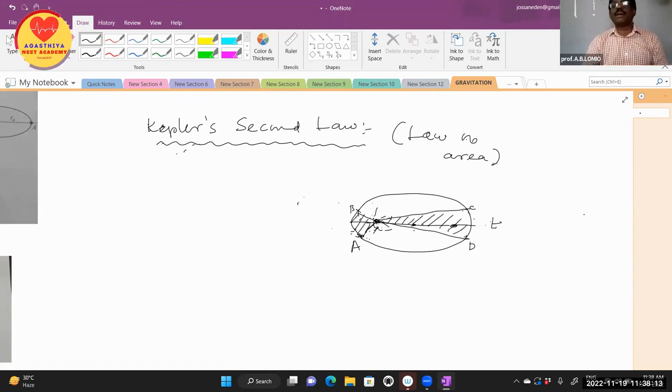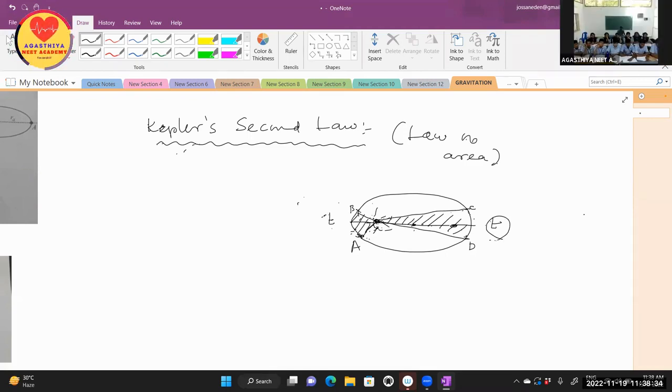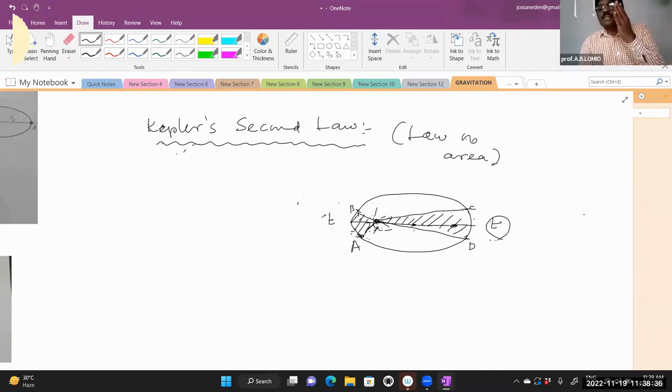There is a statement: a planet travels from A to B, and the area it covers for the given time T is the same as the area covered when the planet moves from C to D in the same time T. If the time taken is the same, the area swept by the planet when it is moving from one point to another point will be equal.